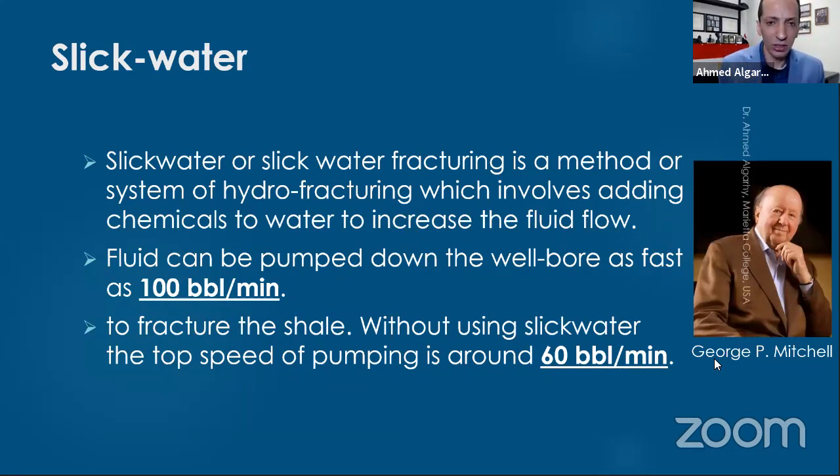To do that, there's a lot of friction in the tubing. To avoid that friction, he used a lot of friction reducing material, a chemical. So fresh water plus friction reducing material equals slick water. Slick water is very cheap, just a chemical and water. That's it. And he can pump up to 100 barrels in 1 minute.